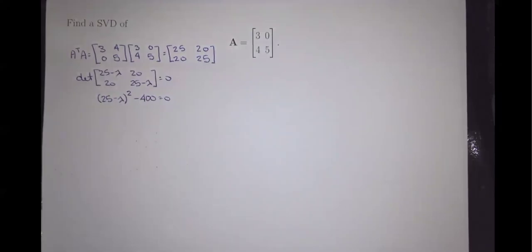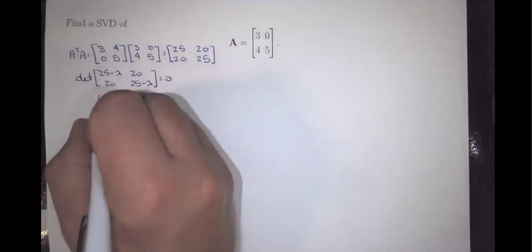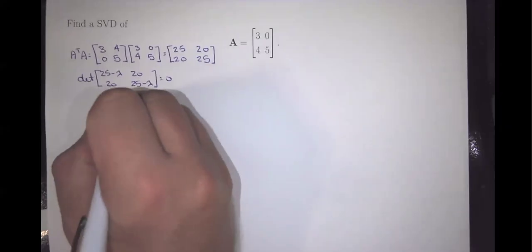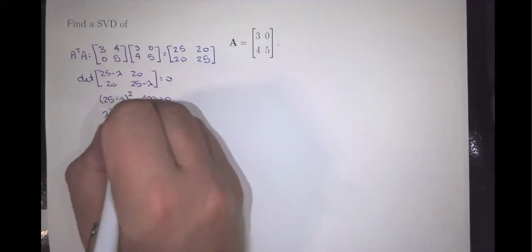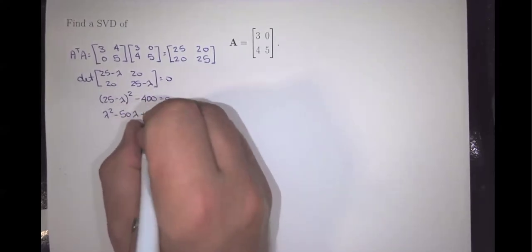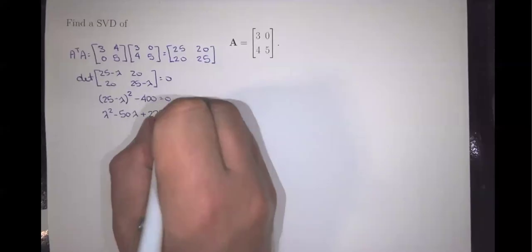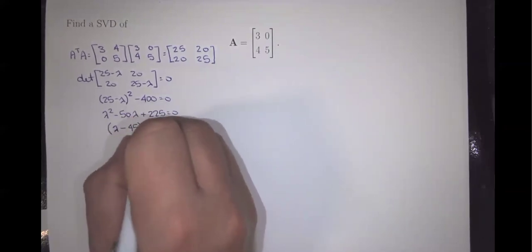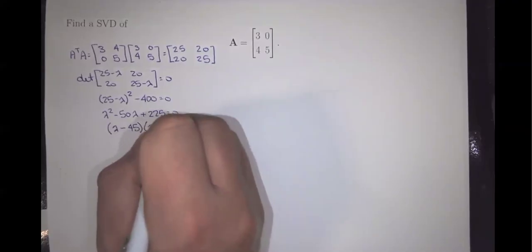And this gives us lambda squared minus 50 lambda plus 225 equals 0. And this factors to lambda minus 45 and lambda minus 5.